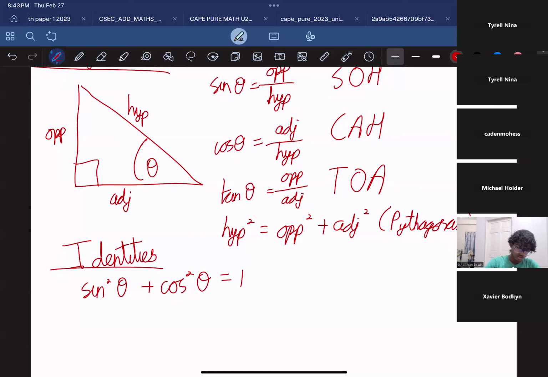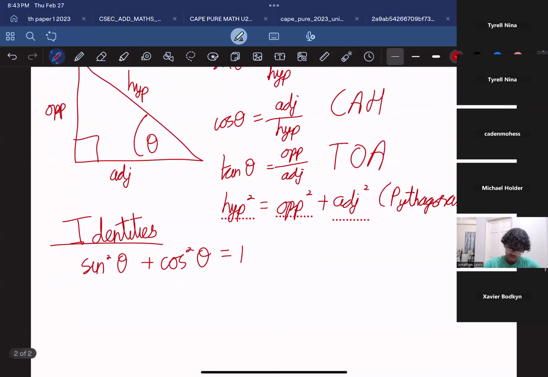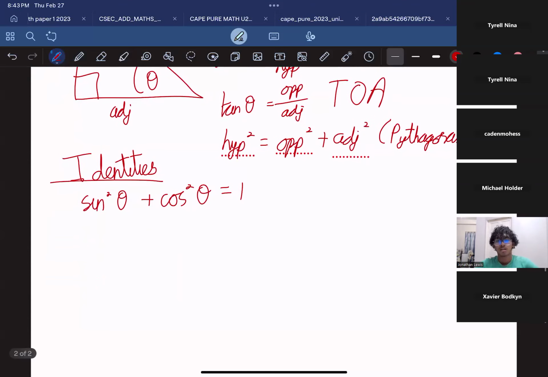Now, the proof for why sine squared plus cos squared is 1. Do they really bring it? No, but it's still something you should know. So we know that sine theta is opposite over hypotenuse, and cos theta is adjacent over hypotenuse.